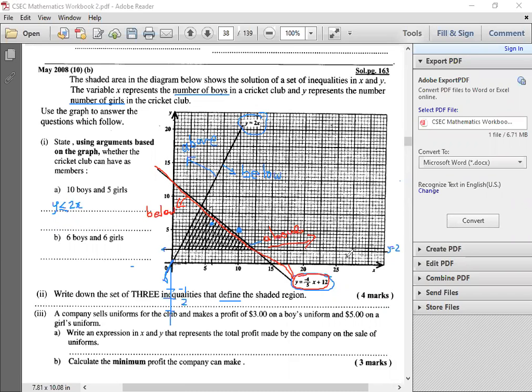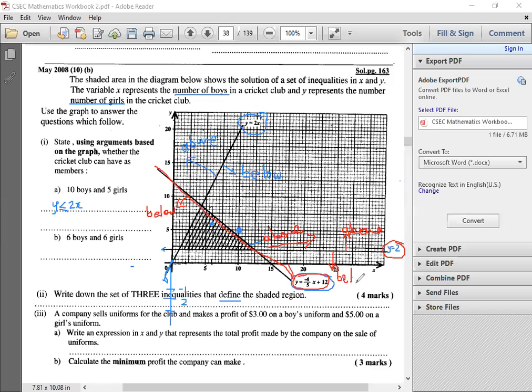So to satisfy the shaded region, it is below the line that is shaded. All right, look at the line now. Y equals 2. Let's establish. So this would be above. This would be above. And this will show below.